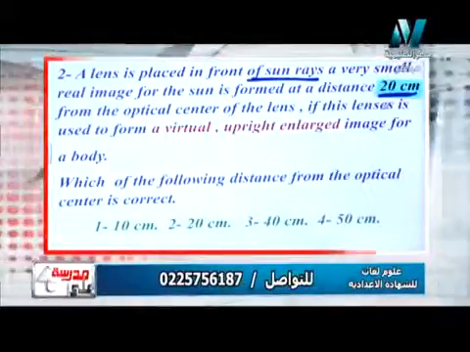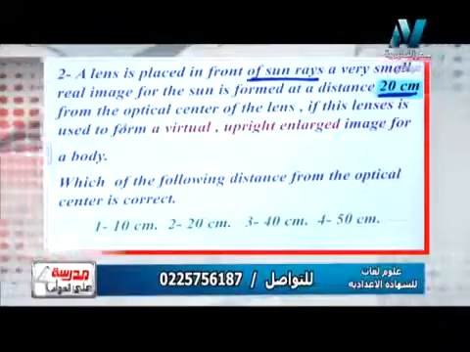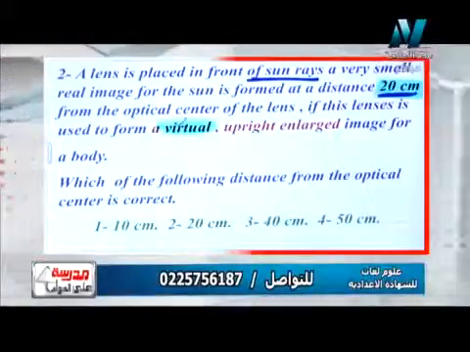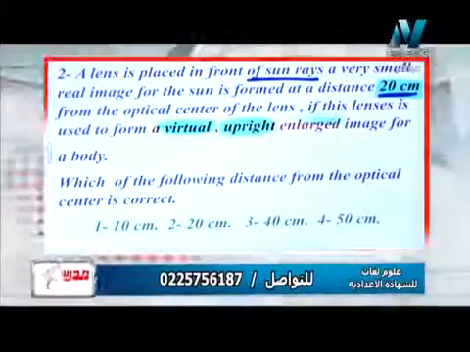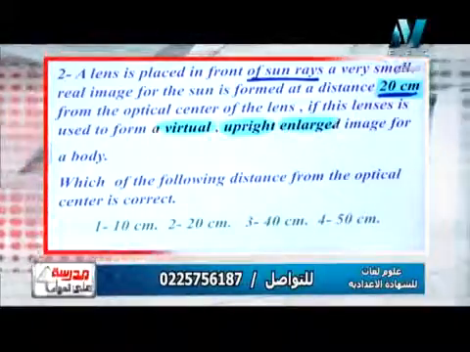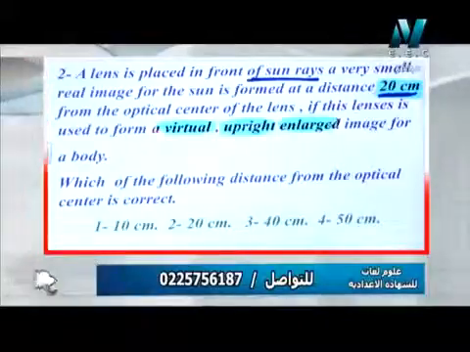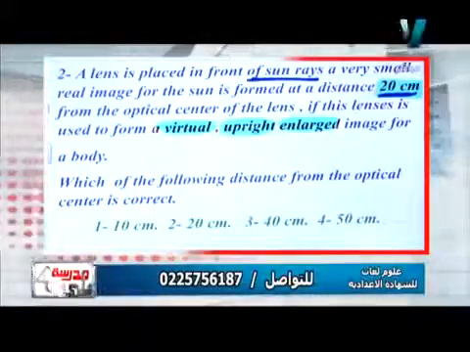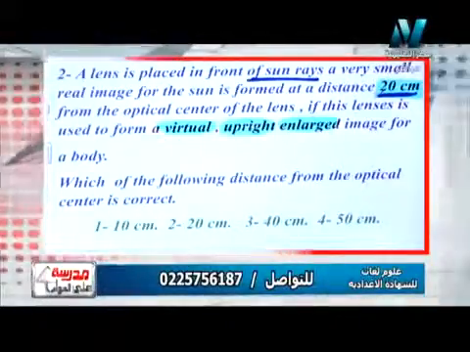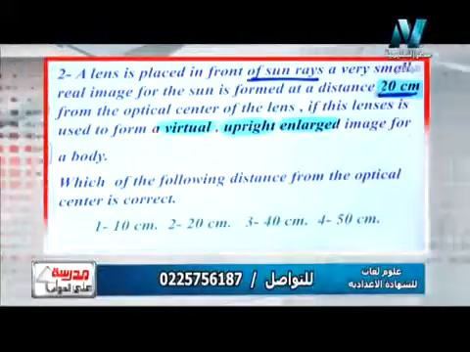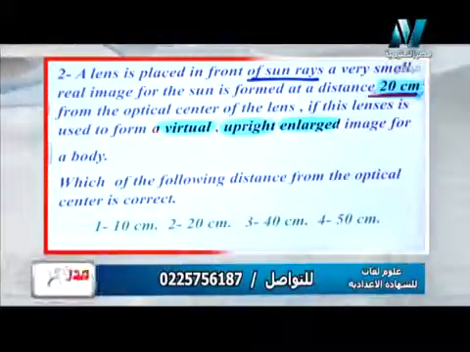If these lenses is used to form a virtual upright enlarged image. So here we need to put the object at distance less than focal length. And we know from the given in this question as a focal length equal how many? 20 centimeters.